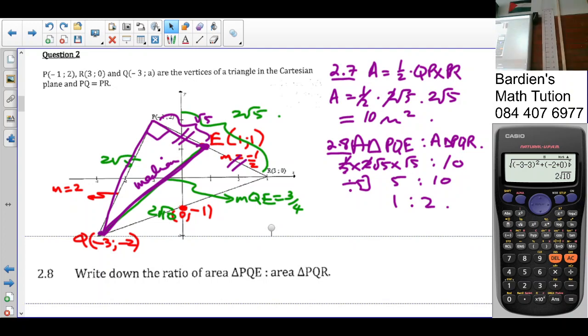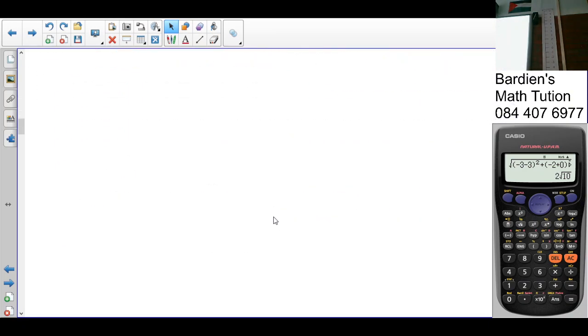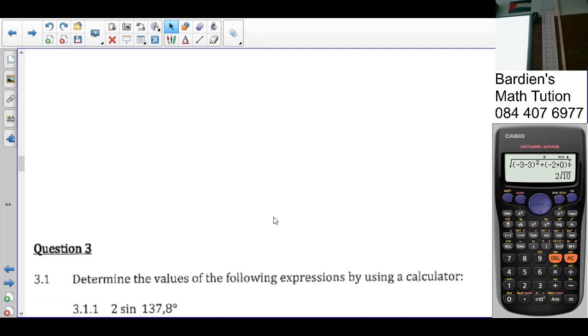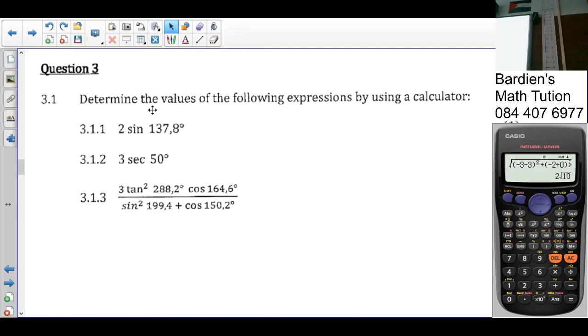So let's look at question 3. Okay, so in question 3, let's just check the paper. It's 3.1, 3.2, 3.4.